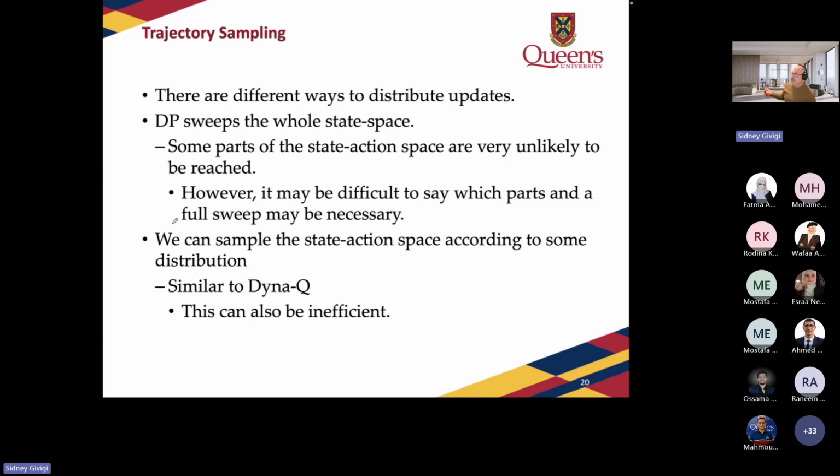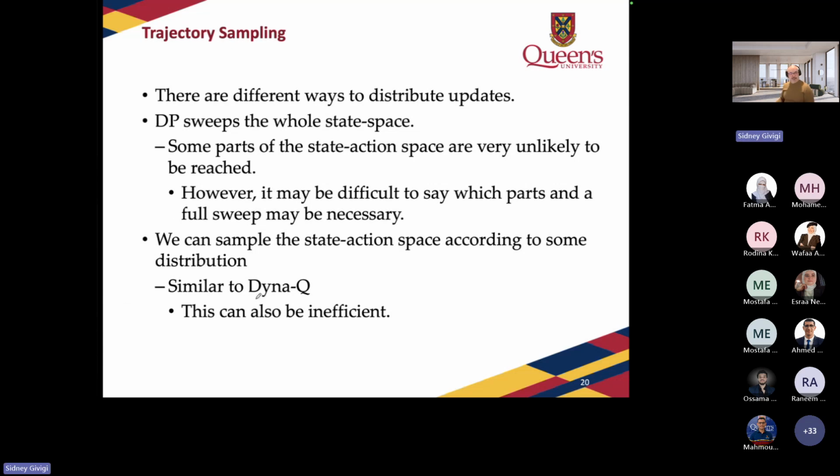Later on in this course, I'm going to show you some examples of trajectory sampling used in both video games and robotics. But just keep in mind that what we are trying to do is create a better way to do these updates, created from the information that we already have from the environment. So this is something that we want to do.